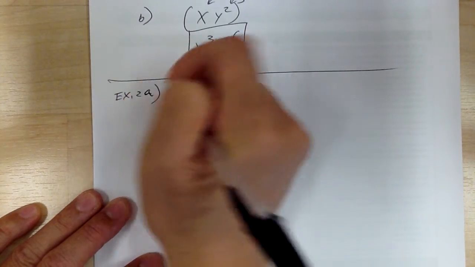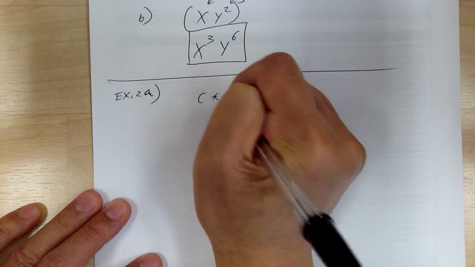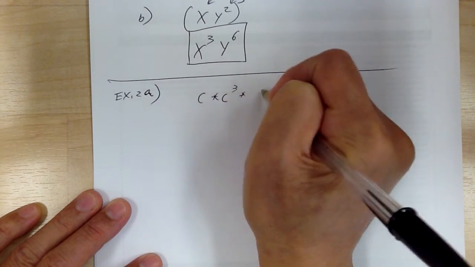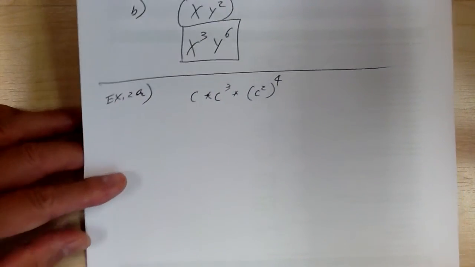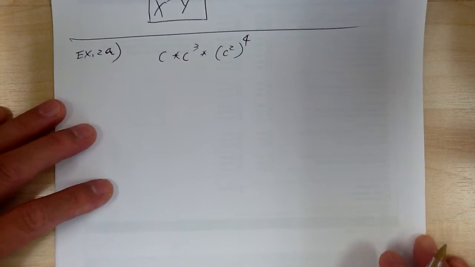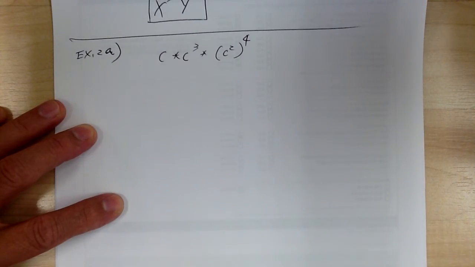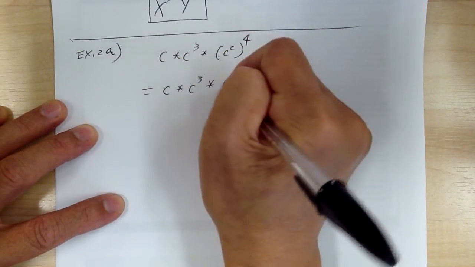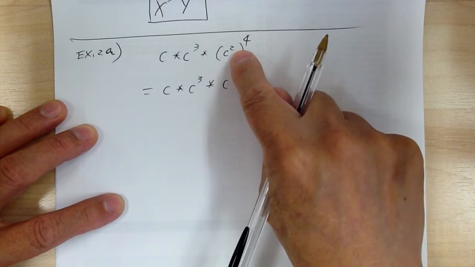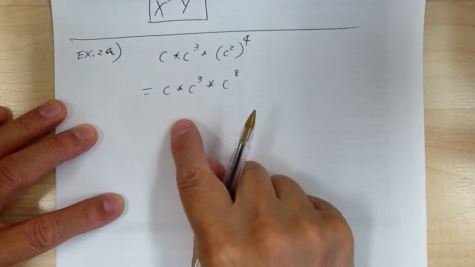Okay, example 2a. You have c times c to the 3 times c squared to the 4. Now, let's go and do one step at a time so you don't make careless mistakes. So you apply the power rule first. So this is equal to c times c to the 3 times c to the 8. Then you apply the product rule.